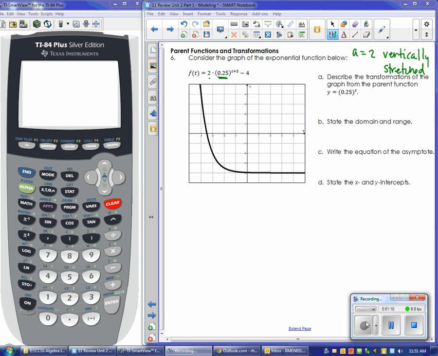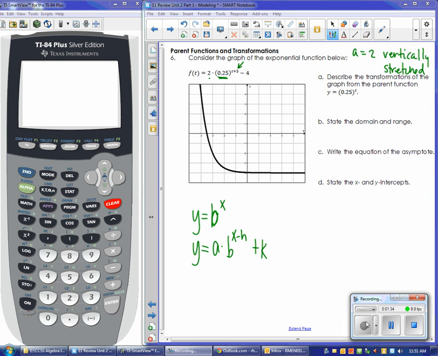Okay. The number in our exponent that corresponds to the value of t, that's going to correspond to our h value. And if you remember, if I were to write the parent function, here's my parent function, b to the x. If I transform it, it's going to look like this: a times b to the x minus h, plus k.